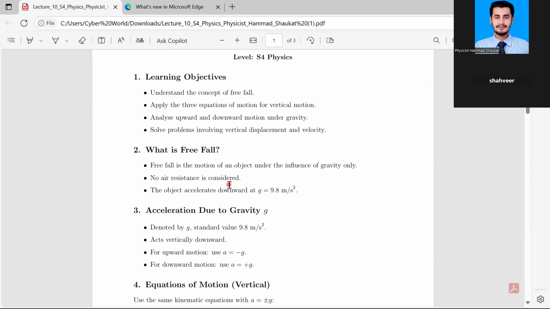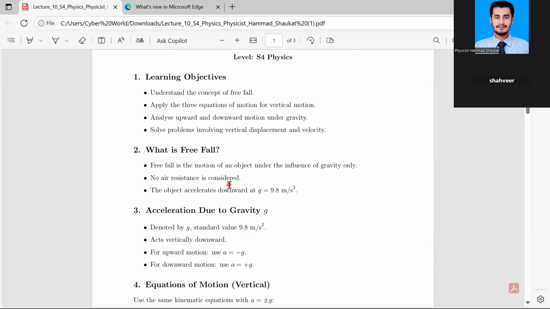Why are you ignoring the air resistance? If there is no air, the thing is called a vacuum. Am I right? Yes. So if there is air, you know that according to Newton's third law of motion, action and reaction, if your body is falling downward, the particles in the air also exert some force on that body.